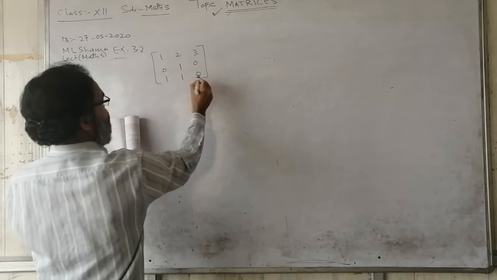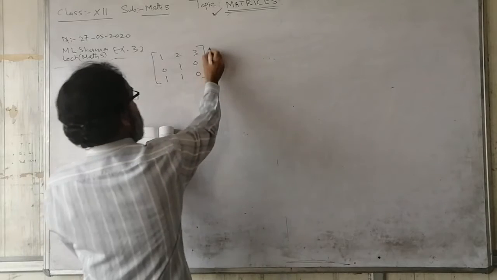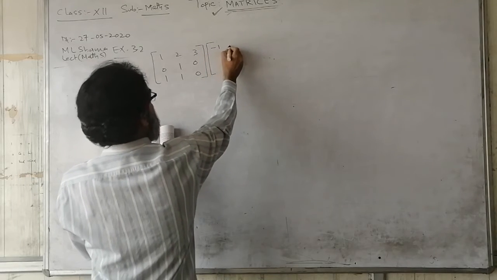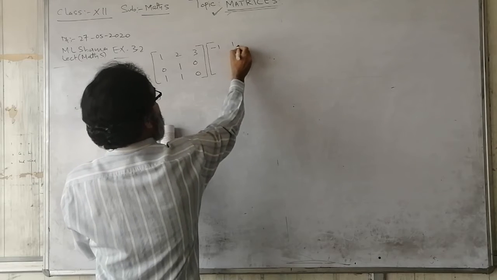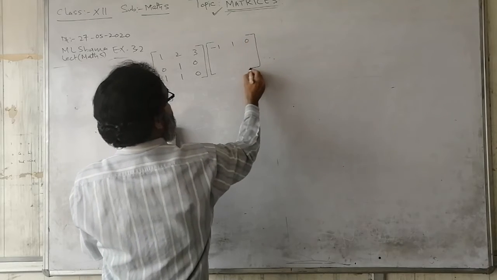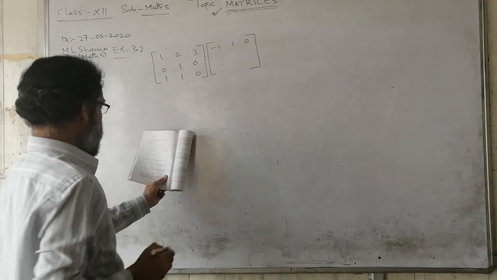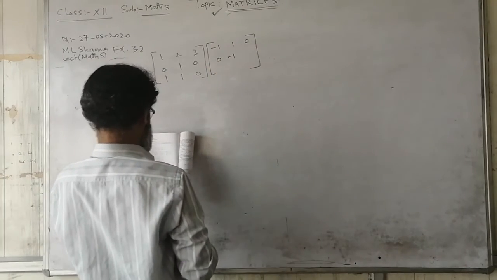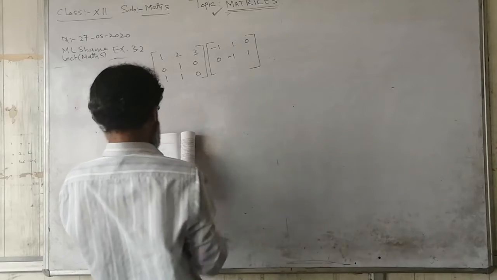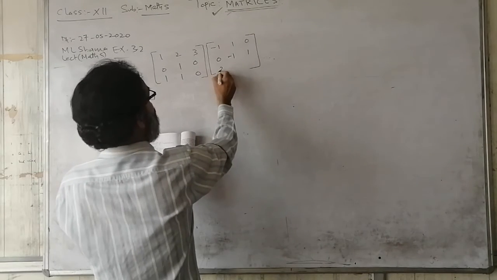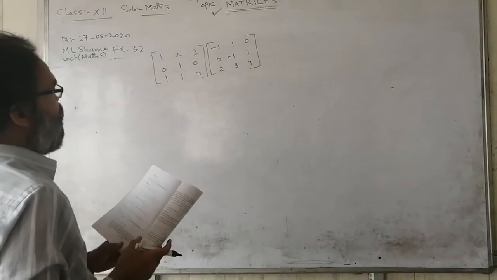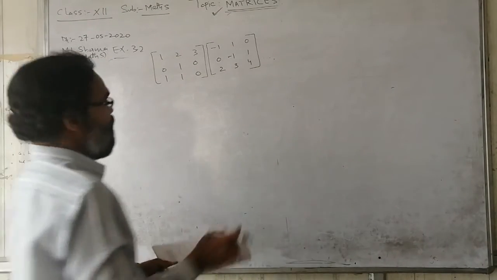This is 3 by 3 matrix. Another matrix is also given minus 1, 1, 0. These are elements of first row. Then 0, minus 1, 1 here, 2, 3, 4. So it is a product of 3 by 3 matrix.